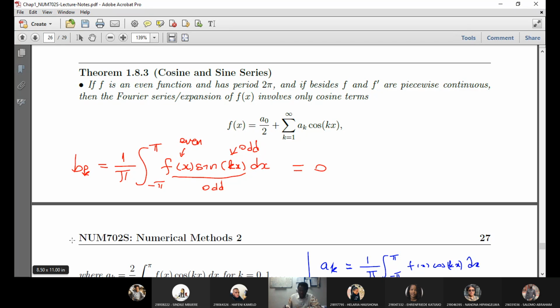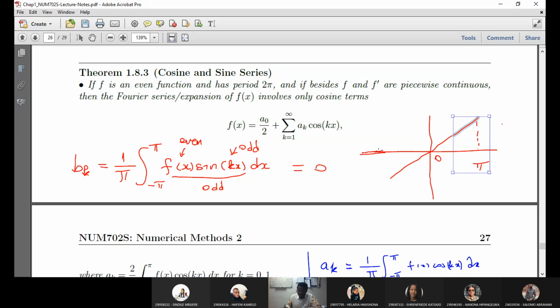Why? Because I explained to you graphically. An odd function will be symmetric about 0, meaning that regardless of the shape of the function, let's say this is my function, this is pi, and this is negative pi.